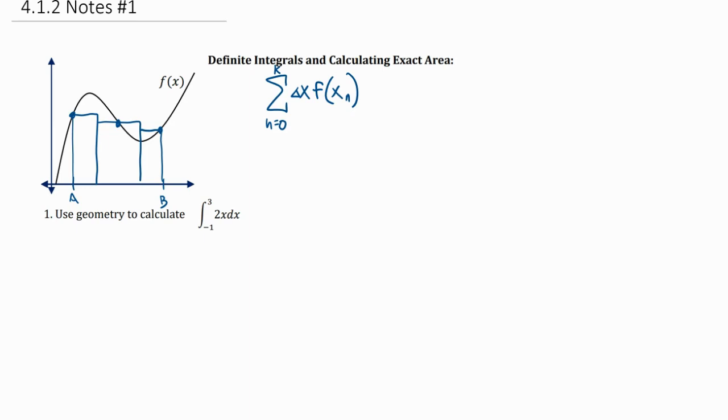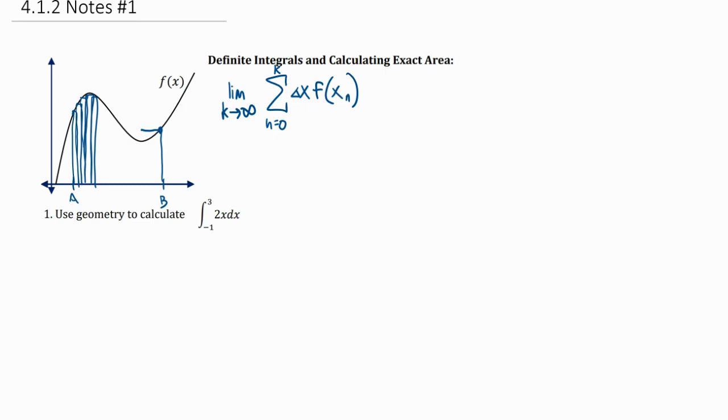Now, in order to get a more exact area, because as you can see, this is not very exact, right? Think about how many rectangles I would actually want. I would want a million tiny little rectangles. And then I would be a lot closer to the area, right? So what do we want k to be? We want k to be a very, very large number. In other words, we want the limit as k approaches infinity.